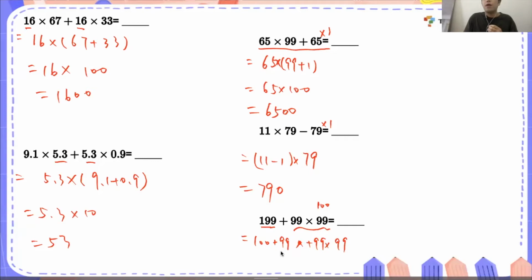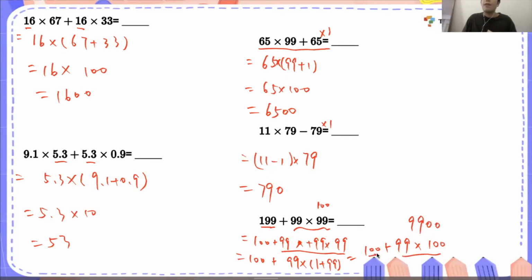And for this part, we can just extract 99 and put the other two numbers in the bracket, right? So we just keep writing, and the last part should be 99 times 100, and we know this part is 9,900.